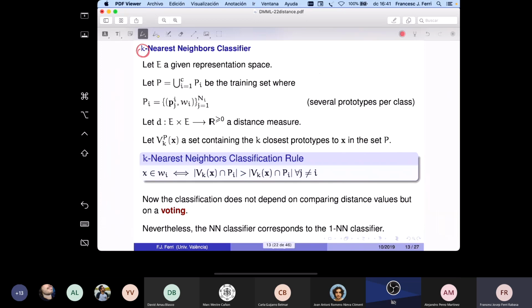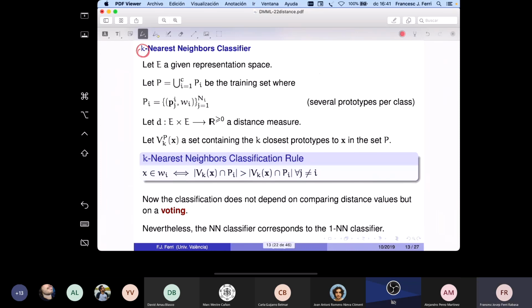And then what do we do with these K neighbors? Well, let them vote. It's okay? And once we have the labels of these K nearest neighbors, we take the majority label, the class which has the majority among these K neighbors.